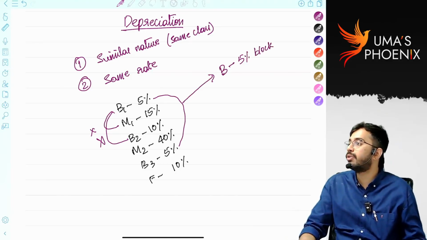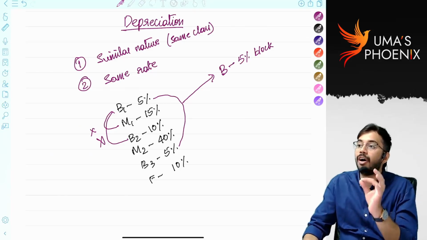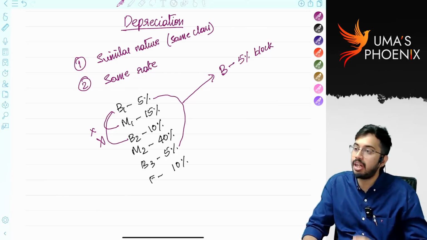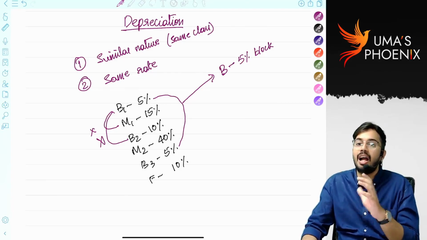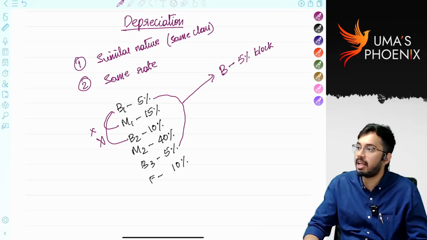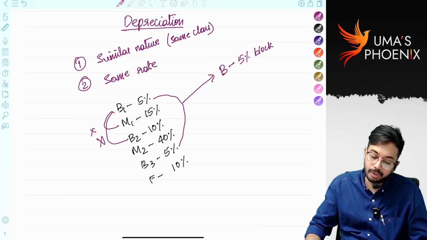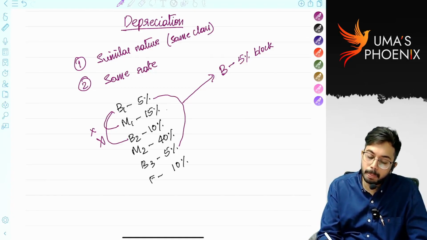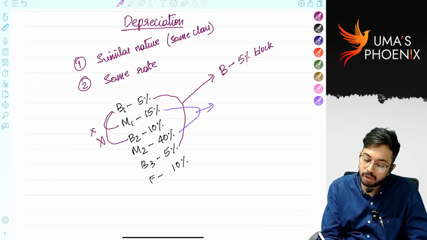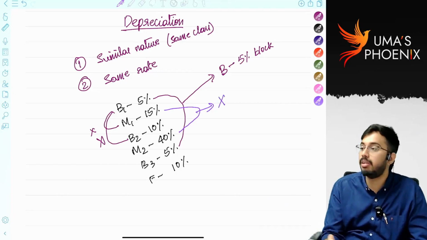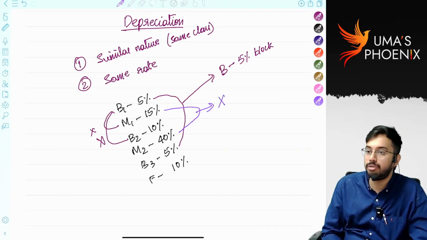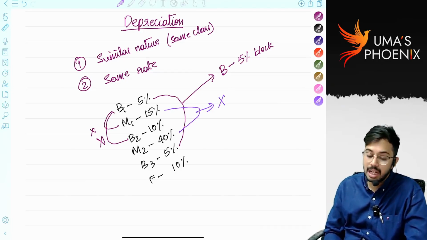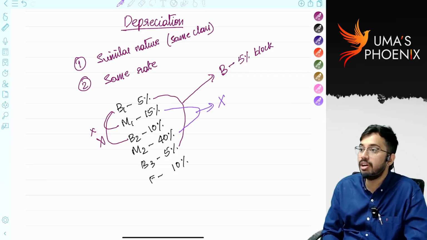Now did you understand how to classify assets into blocks? Assets falling under the same class, or having similar nature, and having the same rate of depreciation will be classified into one block. Now, can I group machinery 1 and machinery 2 into one block? That is not possible, because machinery 1 and machinery 2 are both the same class, but machinery 1 rate of depreciation is 15% and machinery 2 rate of depreciation is 40%.